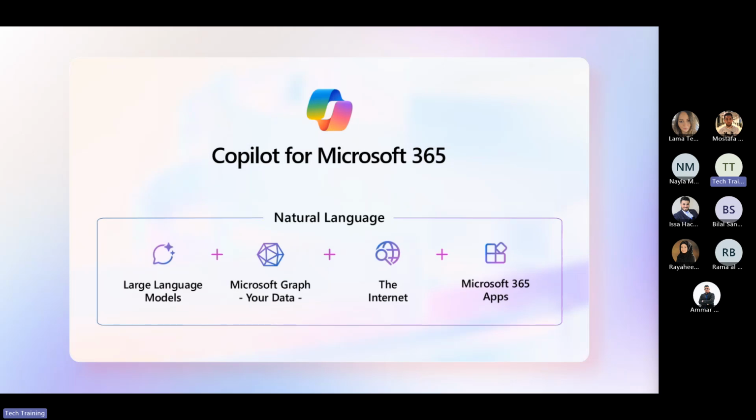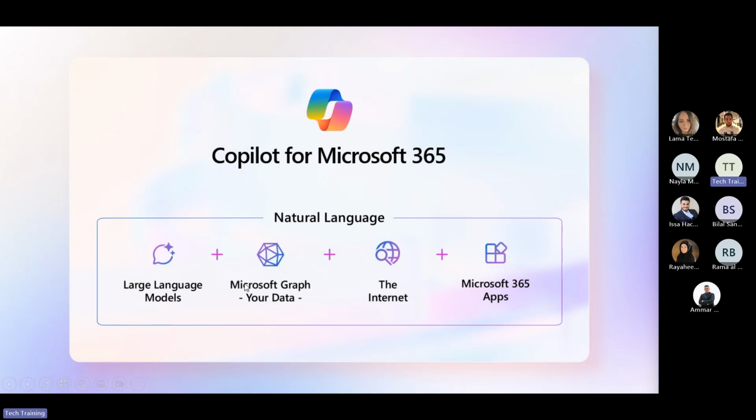Where are the sources of Copilot? We have the sources that are coming from the LLM, which is the same as the ChatGPT model that we are using. What is added here is the Microsoft Graph.